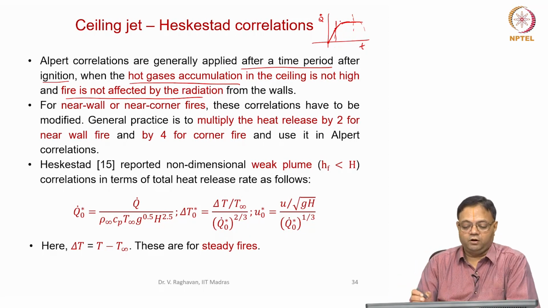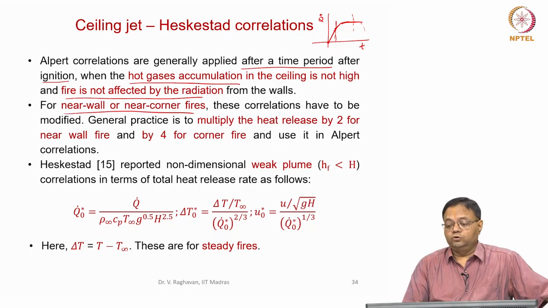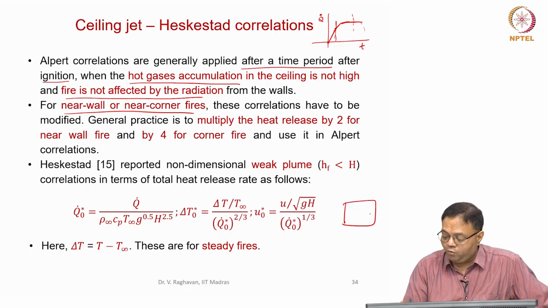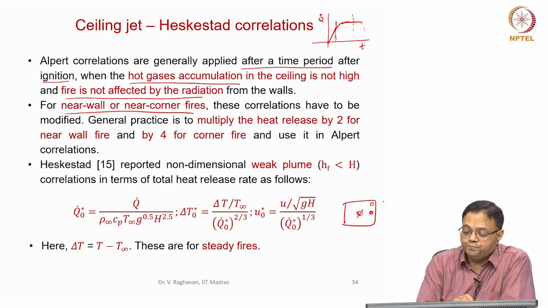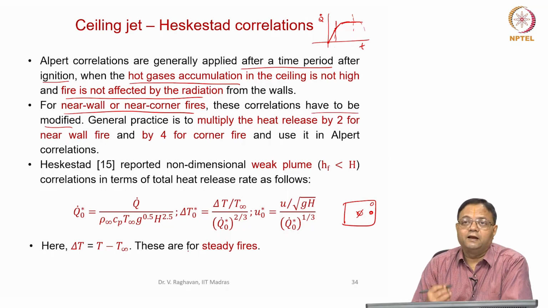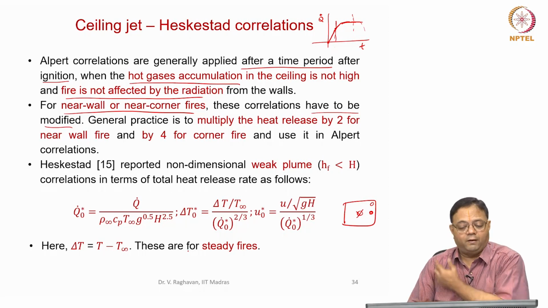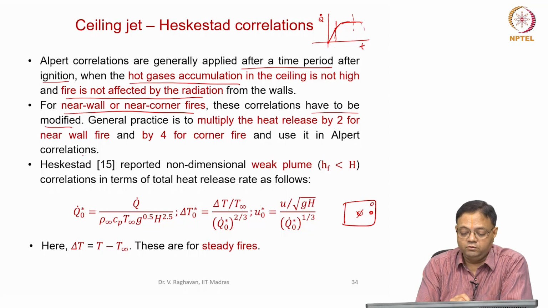you can apply the correlations. Now going to the near wall: there is a chamber and the fire is not in the center, it is occurring near a wall or near a corner. In this case, the correlations have to be modified. How is the modification done? Again empirically, by observing what really happens when you move the fire source to a corner or near a side wall.